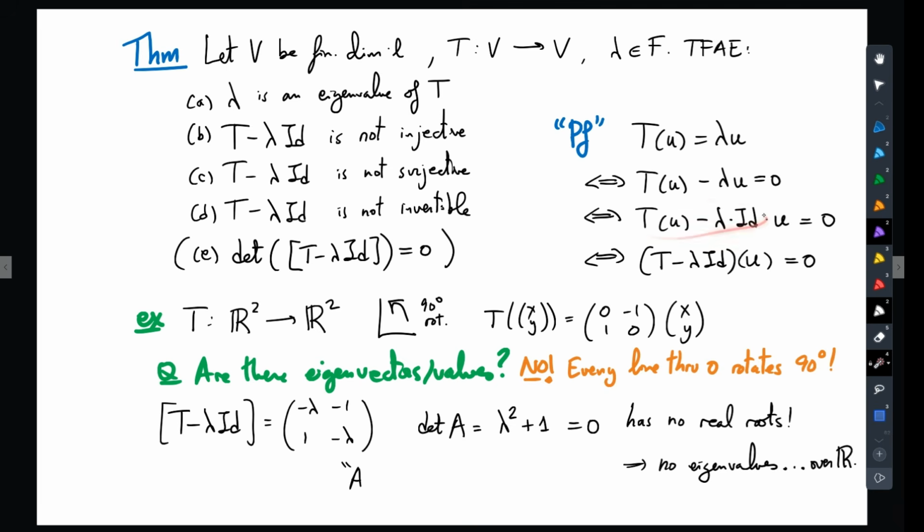I can put these operators together, and this will be 0 if and only if (T minus lambda identity) of u is 0. So that tells me that we have an eigenvector u with eigenvalue lambda if and only if there is something in the kernel of T minus lambda times identity.